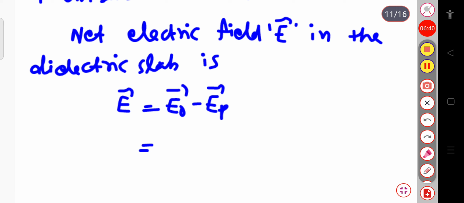Here in place of the vector I am writing the magnitude, E naught minus EP, and EP is nothing but sigma P divided by epsilon naught, because you know for the surface the electric field is sigma P divided by epsilon naught.